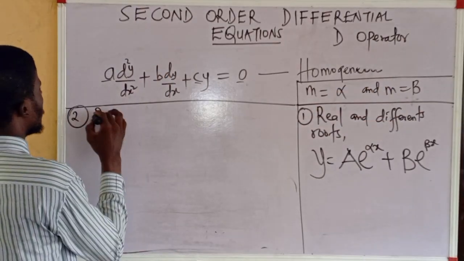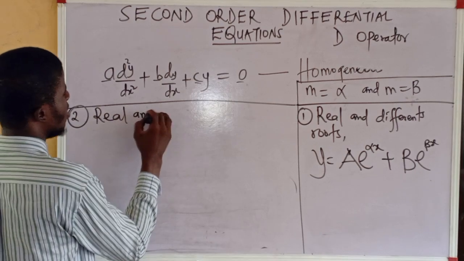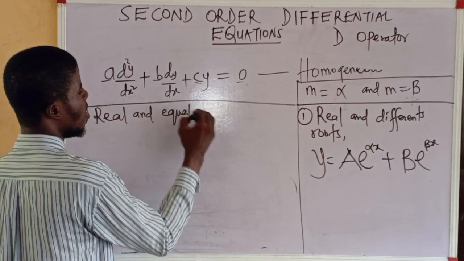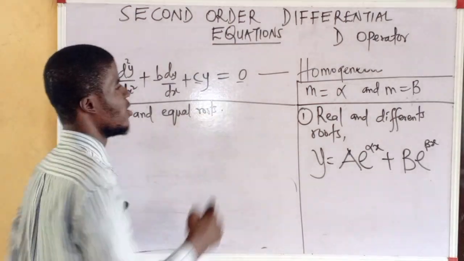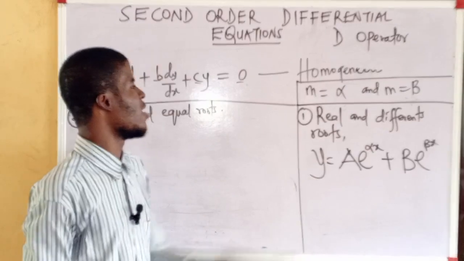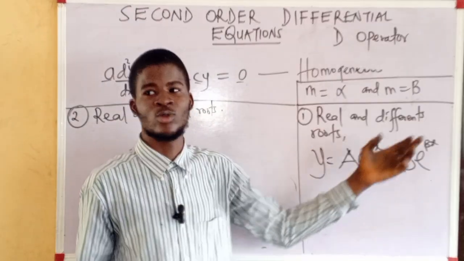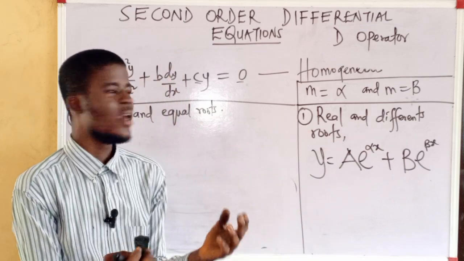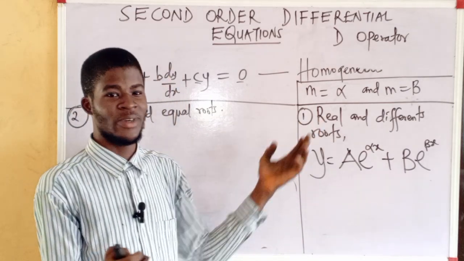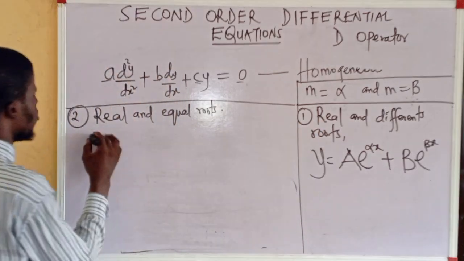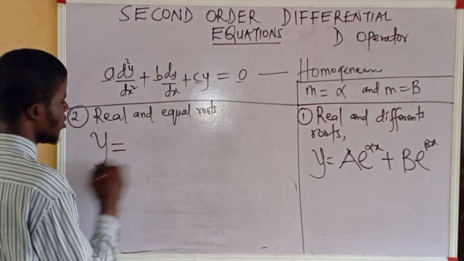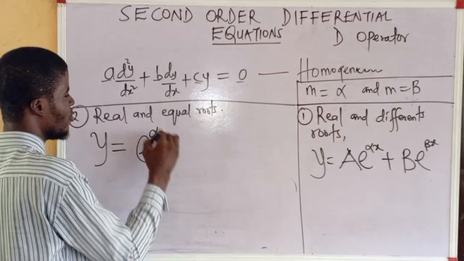Also, we can have real and equal roots. In this case, alpha and beta are the same. Let's say m equal to 2, m equal to 2. That's m equal to 2 twice. What would be the solution to that very differential equation? This is it: y will be equal to e to the power of alpha x.